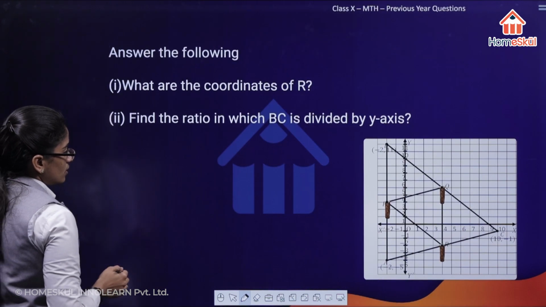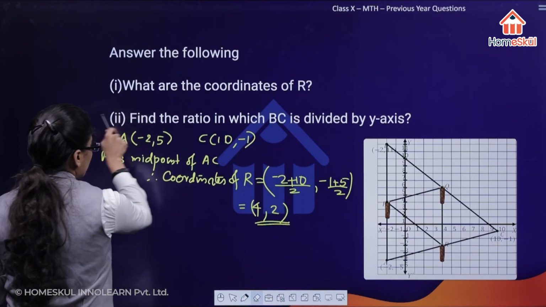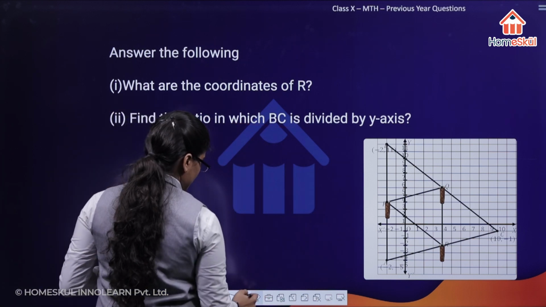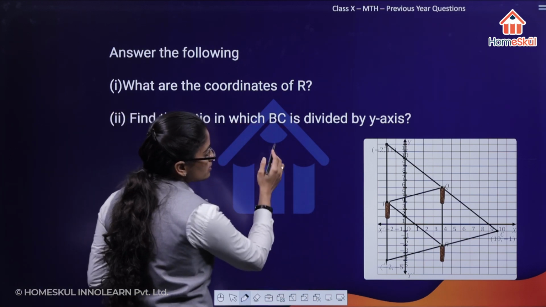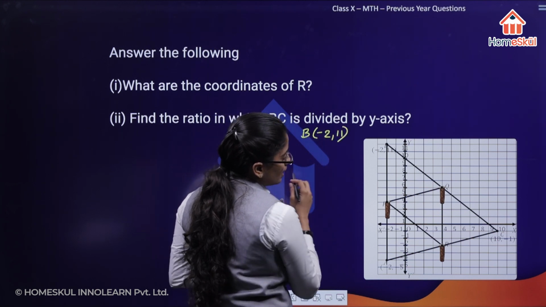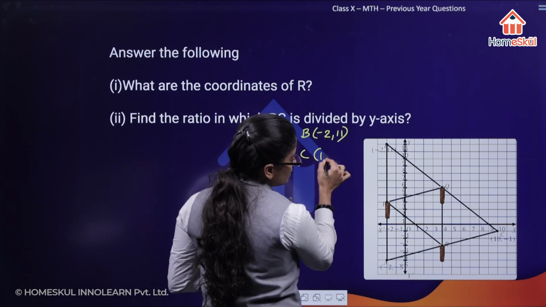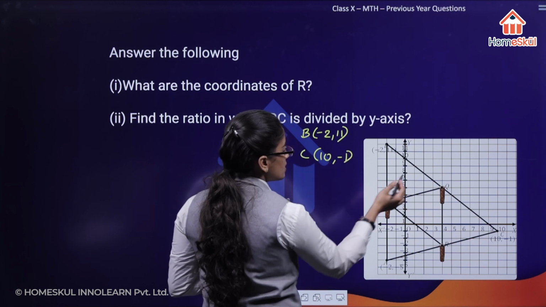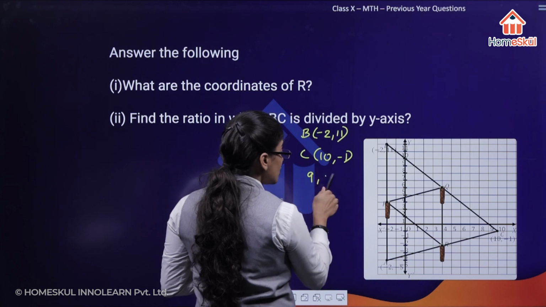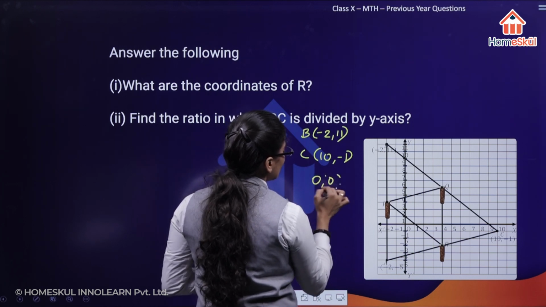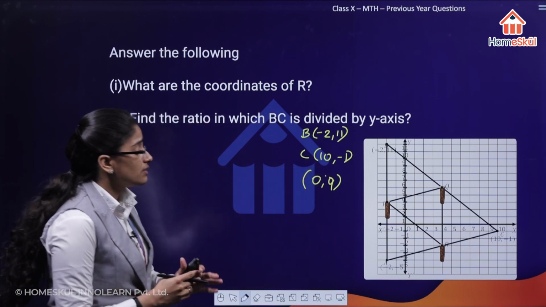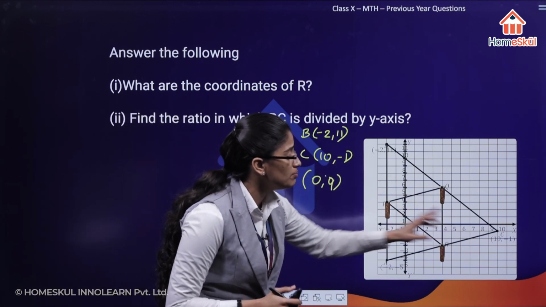So the coordinates of B. What are the coordinates of B? It is -2, 11 and C is 10, -1. The x-coordinate is 0 and 9 is the point at which the y-axis divides BC.